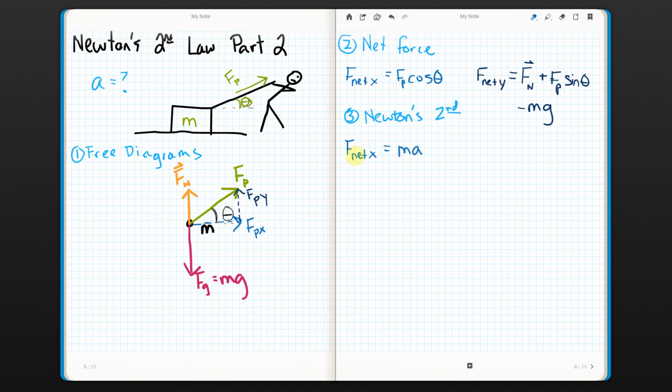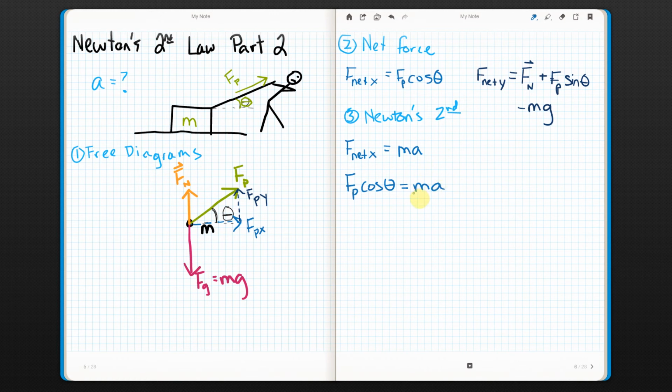So F net in the x direction was Fp cosine theta, equals mass m times a.